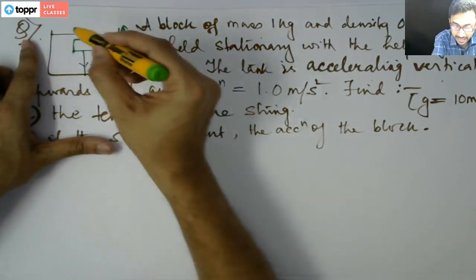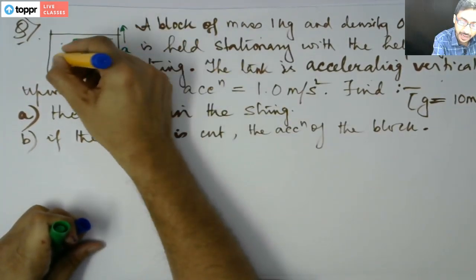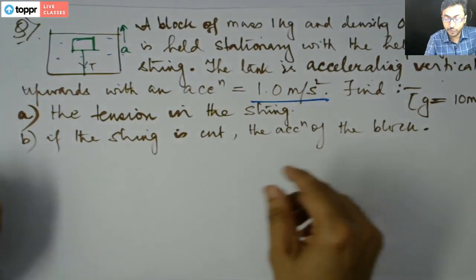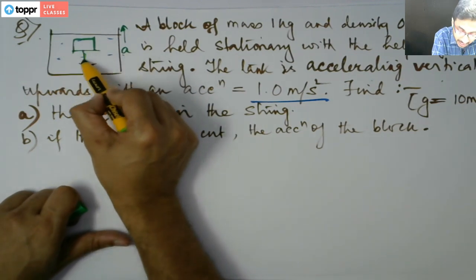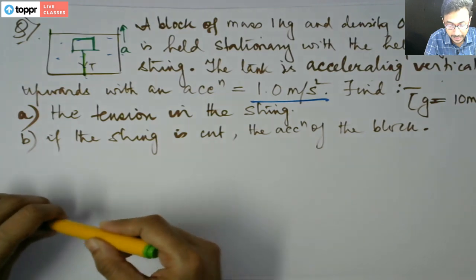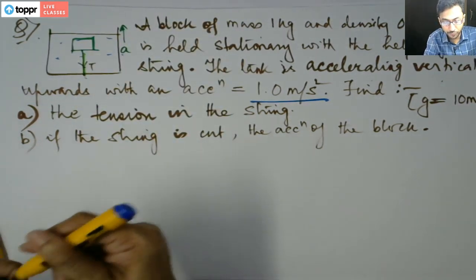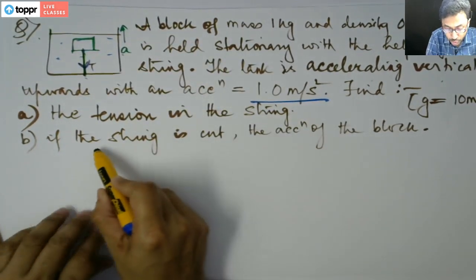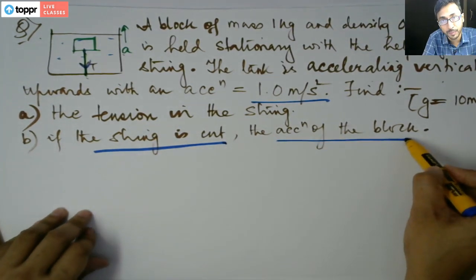So this tank is not stationary, but it is moving up with an acceleration of 1 meter per second squared. There is a tank, and a block which is tied to the base of the tank with a string. We have to find the tension in the string when the tank is moving up with acceleration A. And also, if the string is cut, what would be the acceleration of the block?